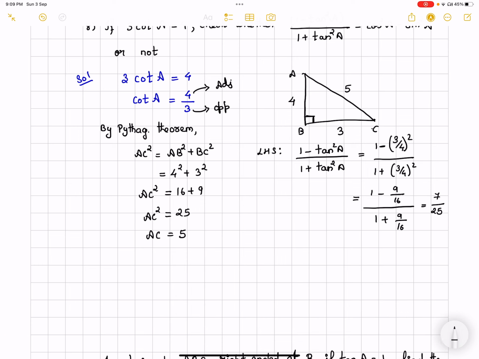So let me consider RHS. What has been given?